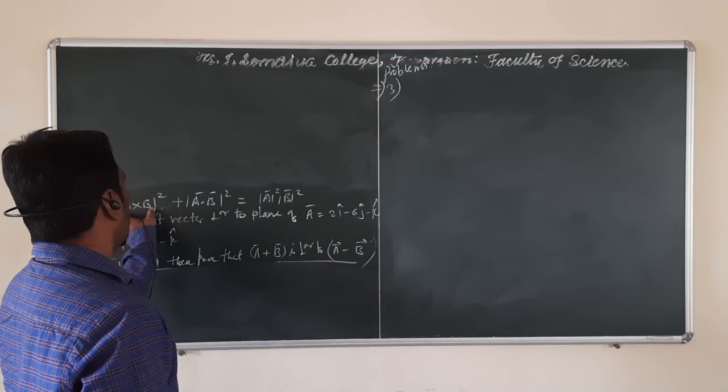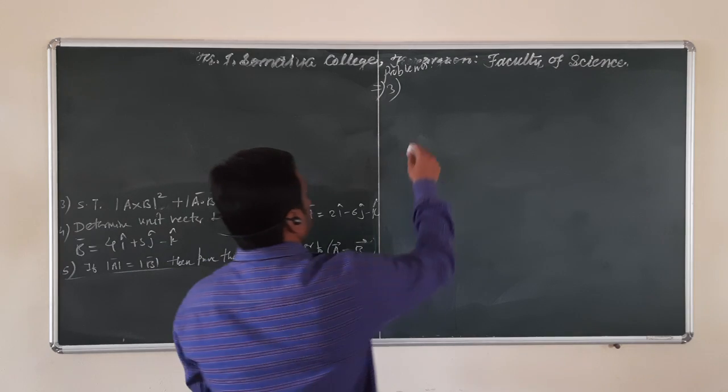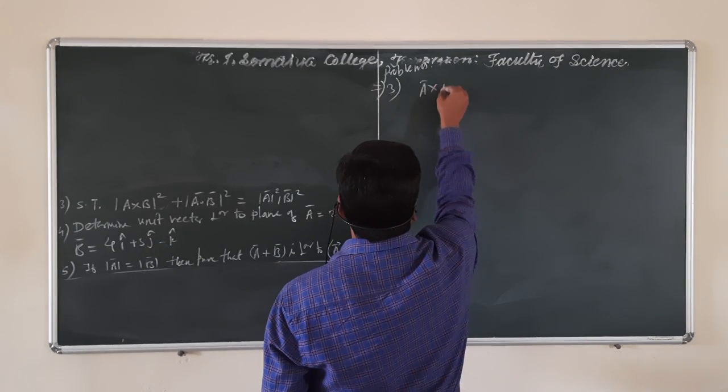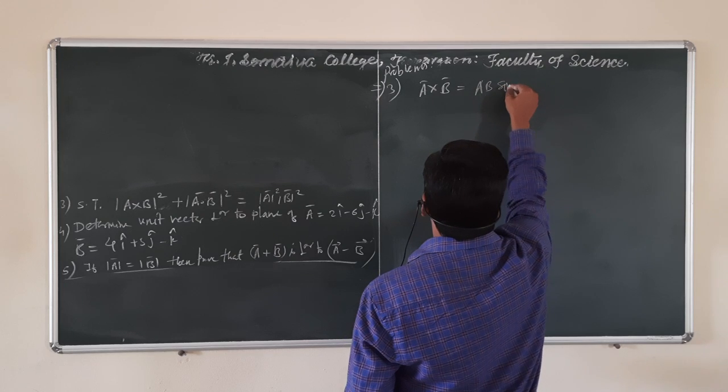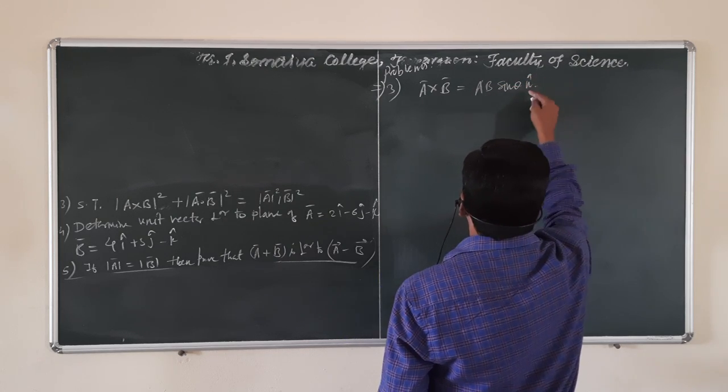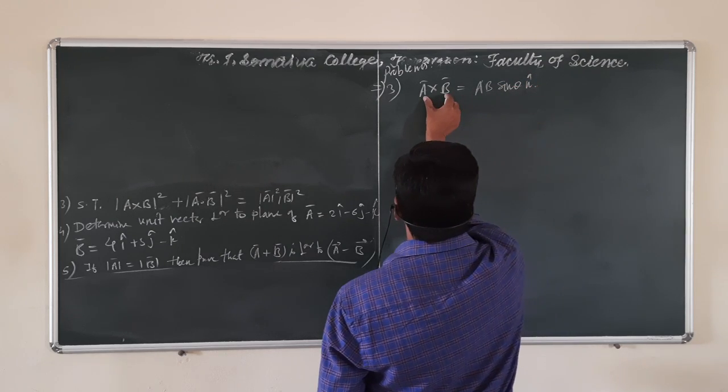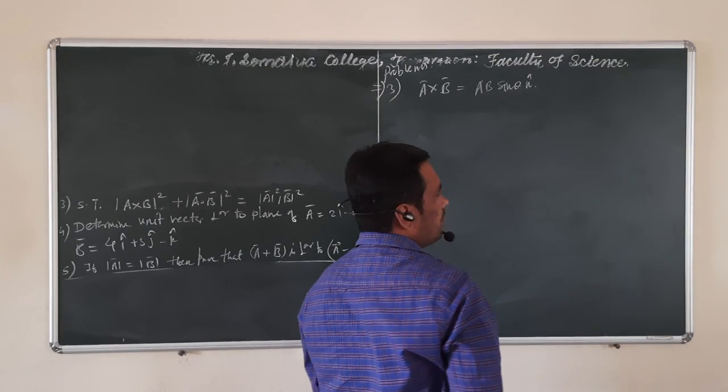So let vector A cross B is equal to, what is A cross B? We know that it is AB sine theta into n cap. N cap is the unit vector perpendicular to vector A and B plane.